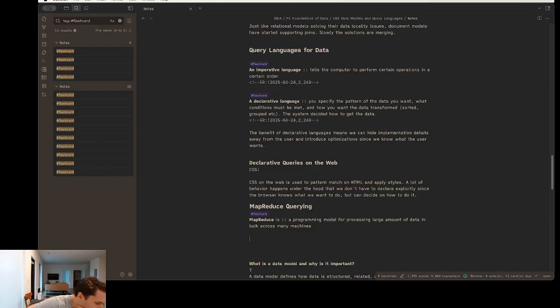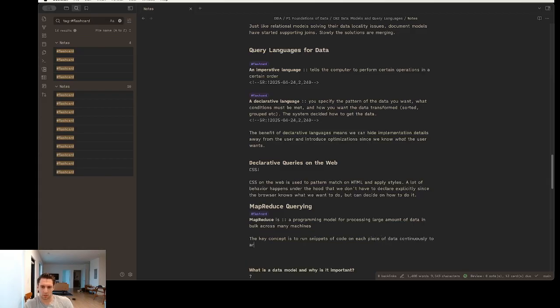Hmm. I see. The core is to run snippets of code on each piece of data. Is that? I don't know if that's really.